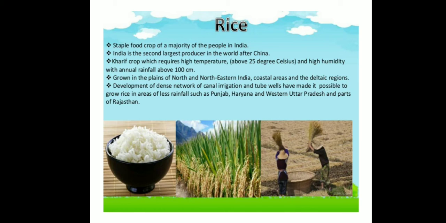Our country is the second largest producer of rice in the world after China. It is a Kharif crop, which requires high temperature above 25 degrees Celsius and high humidity with annual rainfall above 100 centimeters.